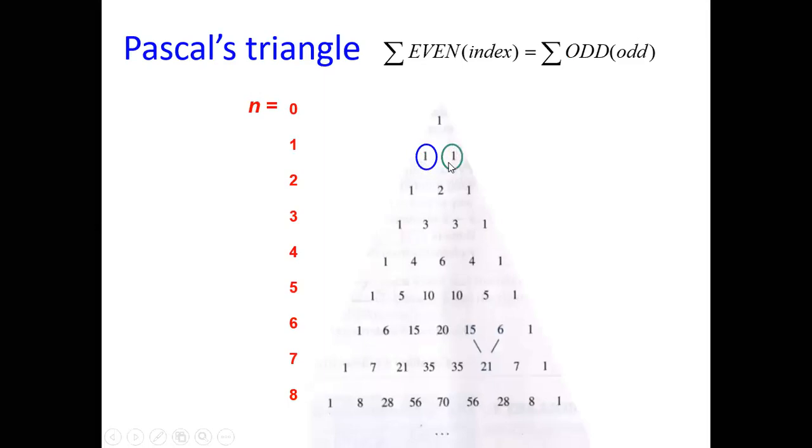Here we have index 1, the second term, equal to 1, the same. Here, for n equal 2, even index equal to 1, odd index equal to 2, even index equal to 1. So if we sum the even indices, index 0 plus index 2, it equals 2.